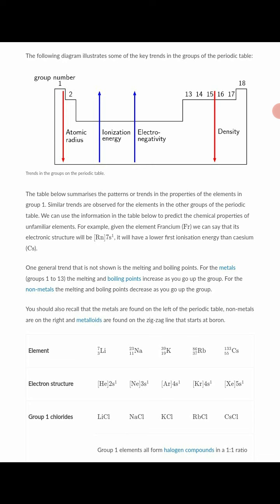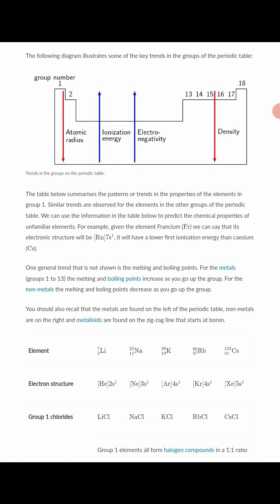All right, now see. One general trend that is not shown is the melting point and boiling point. For the metals, group 1 to 13, the melting and boiling point increases as you go up the group. From the bottom to the top, it increases.